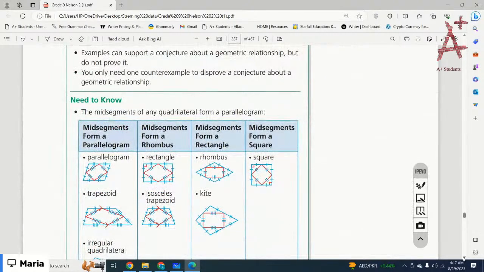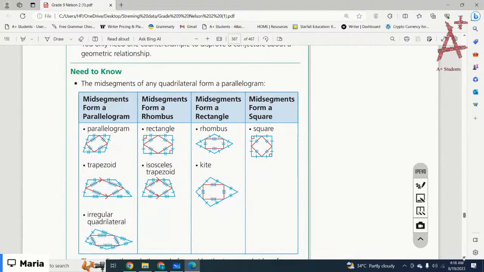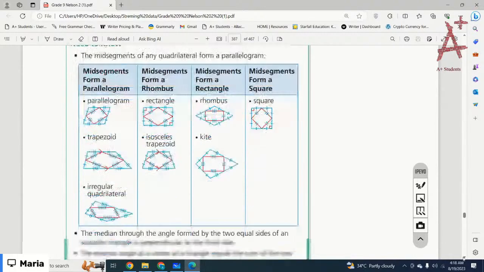You only need one counterexample to disprove a conjecture about a geometric relationship. Mid segments form a parallelogram. The parallelogram, trapezoid, and irregular quadrilaterals. Okay, mid segments form a rhombus, rectangle.